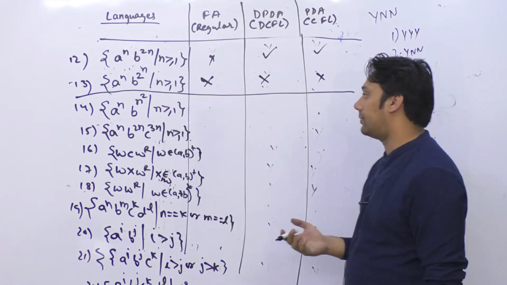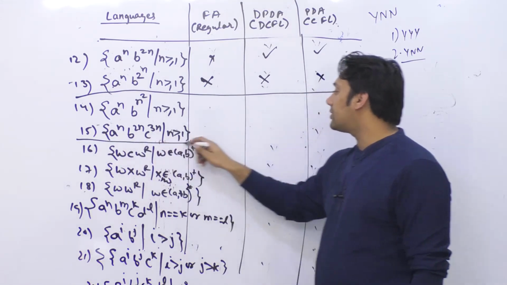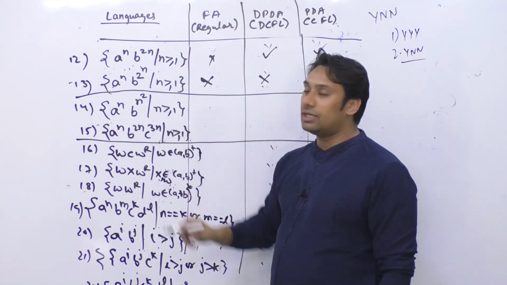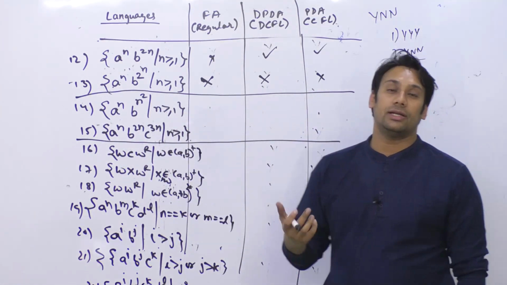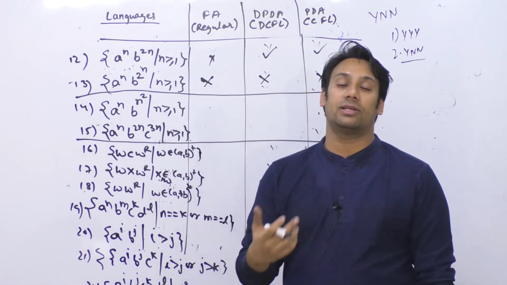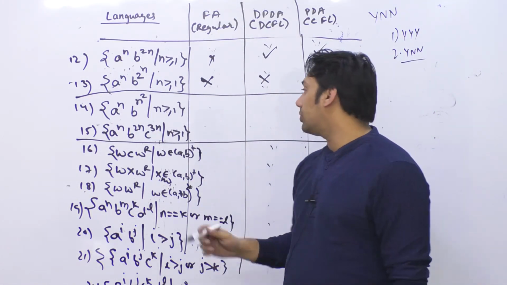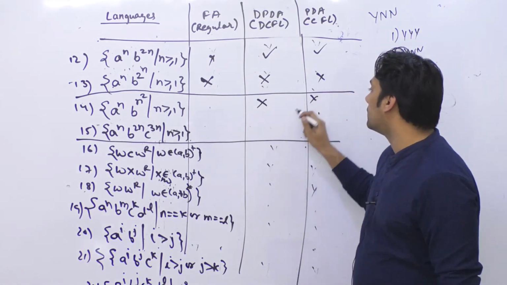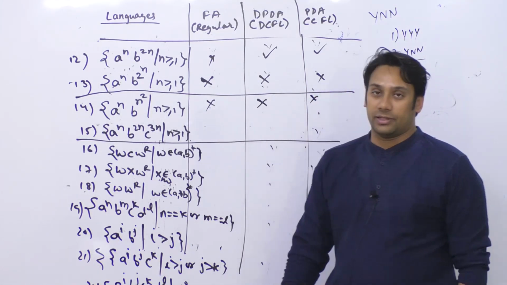If you look at the 14th case, b raised to power n square. n square is not growing linearly, not like an arithmetic progression. So here also you cannot make a DPDA, you cannot make an NPDA, and obviously you cannot make a finite automata.